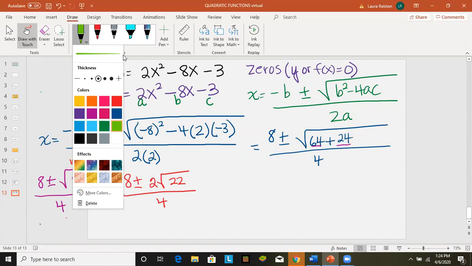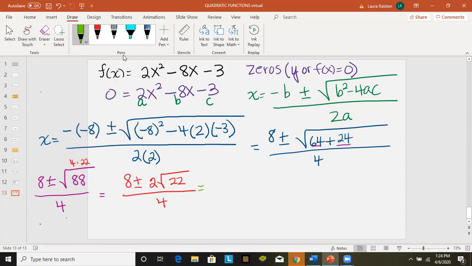It may be easier for you to break this apart and write it as 8/4 plus or minus 2 square root 22/4.